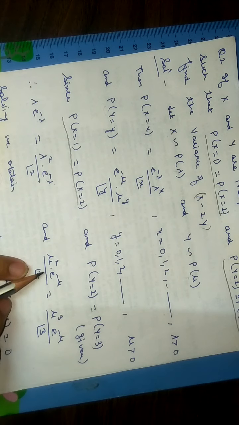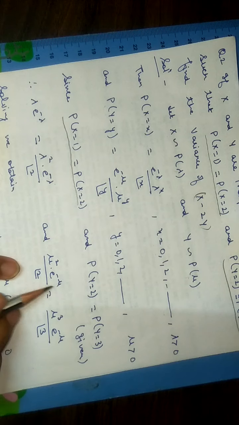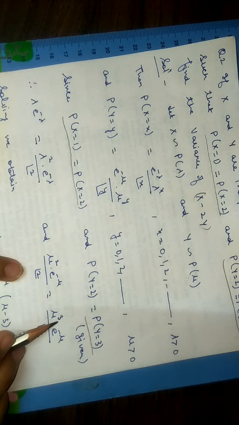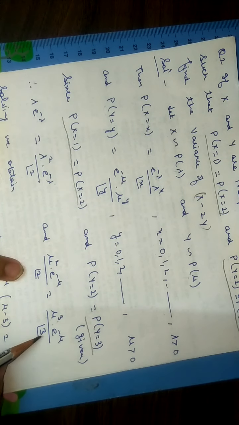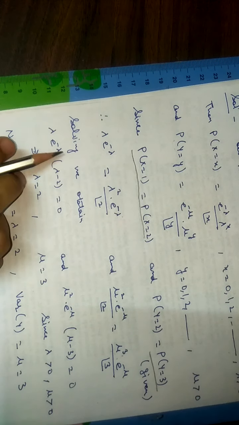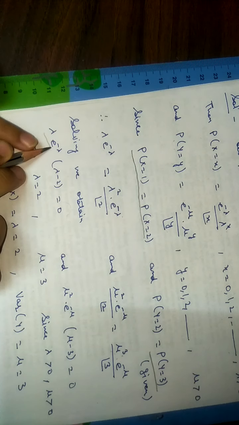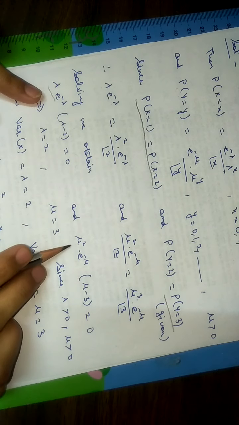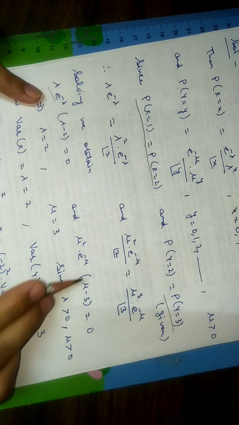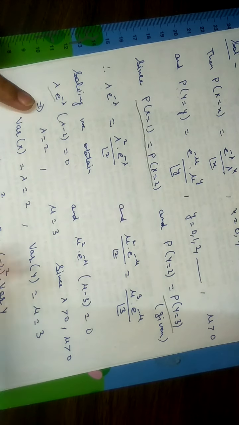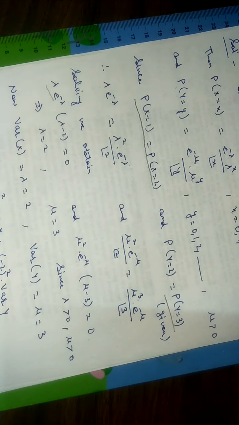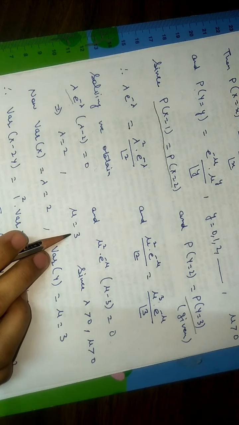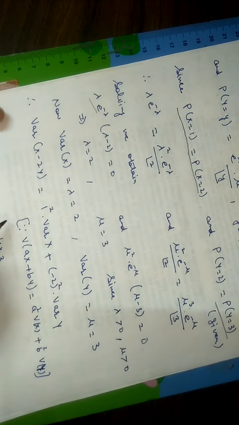Here for y, mu square e raised to power minus mu by 2 factorial equals mu cube into e raised to power minus mu by 3 factorial. By solving, we take the common term out and get lambda minus 2 equals 0, and the second equation becomes mu minus 3 equals 0, and here we get the value of lambda is 2 and value of mu is 3, since lambda and mu are greater than 0.